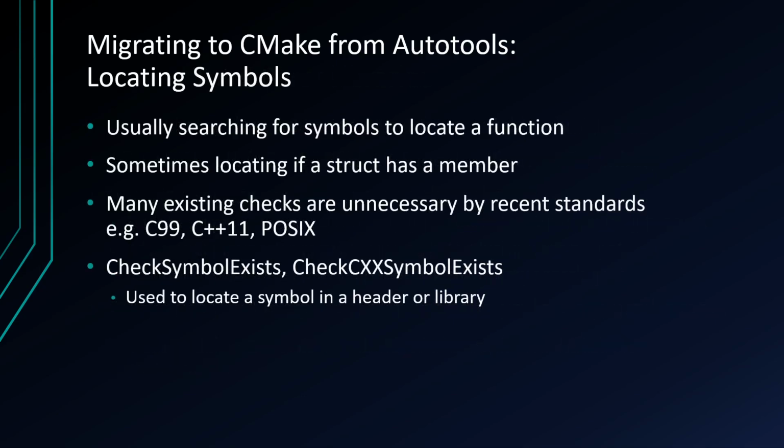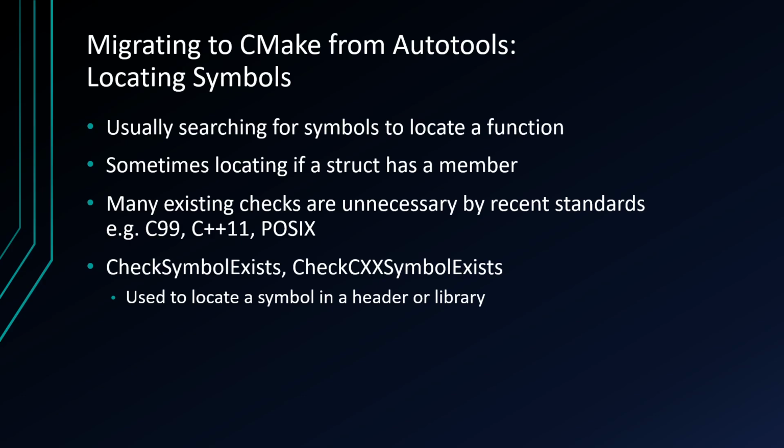You may need to check if a symbol exists in a library, or if a symbol exists in a header, or if a name exists as a member of a structure.